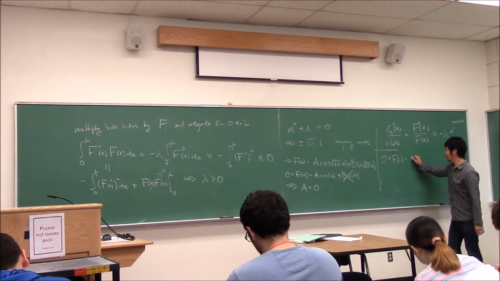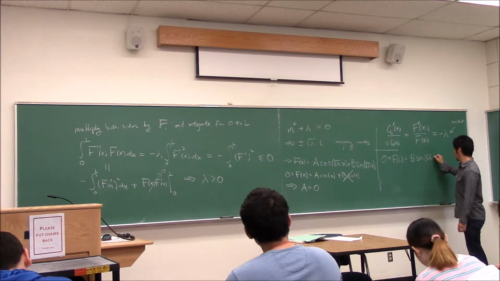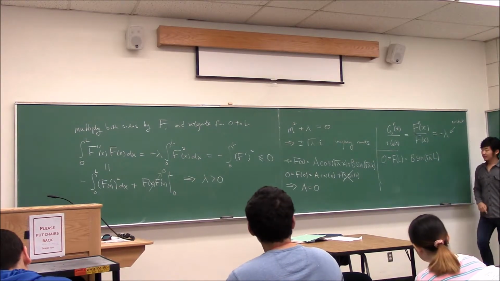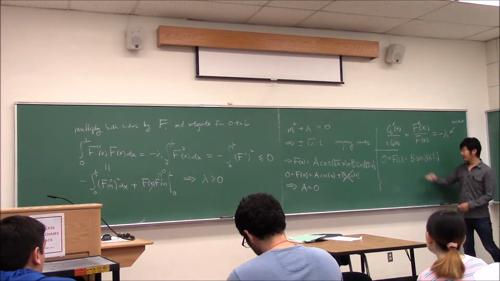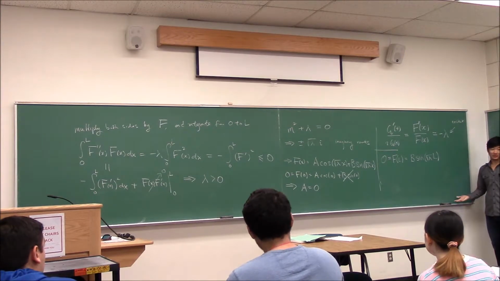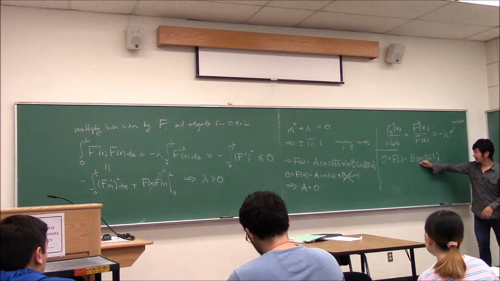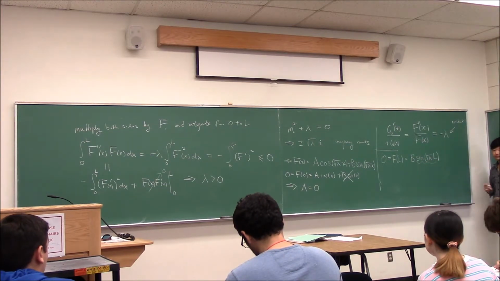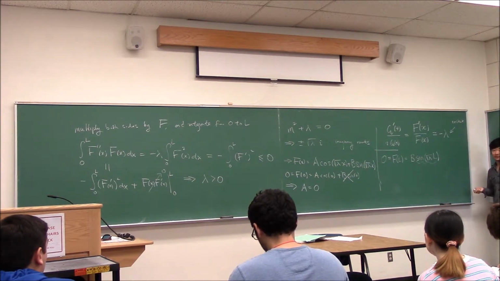And over here you have b sine of root lambda L is equal to 0. Okay? And so now if b is 0, then a and b are both 0, then it's a trivial solution, which you want to avoid. So we have to somehow make this term equal to 0. Okay? And so you have to consider when sine is equal to 0.